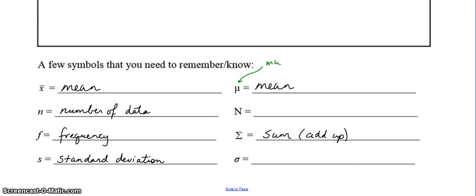The only difference is that X with the bar on top is the mean of a sample, and the mu stands for the mean of the population. So if you were using a sample, you would use X with the bar. If you were using a census, so collecting data from the entire population, you would use mu for mean.